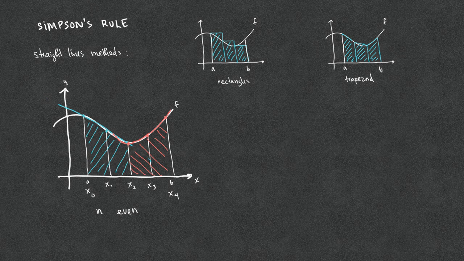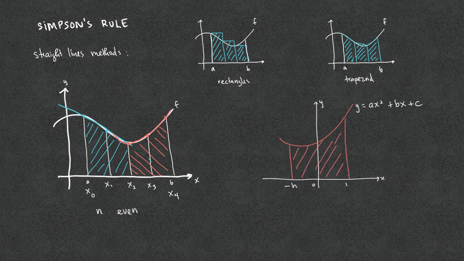The formula for the Simpson rule can be derived by taking any representative parabola and shifting it so that with the 3 points we position the middle point at the origin. A standard equation for the parabola is y equals ax squared plus bx plus c.